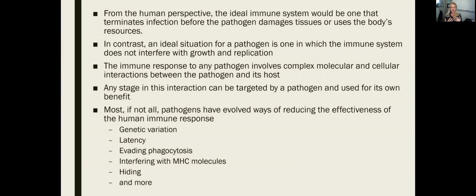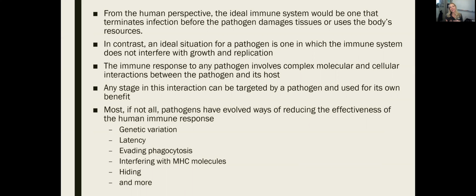And so where we have interaction between the pathogen and the immune system, those can be points that can be targeted by the pathogen to try to interfere and end up surviving the immune response. So pretty much all pathogens in some way, shape, or form have evolved along with hosts, we call this coevolution, to reduce the effectiveness of the human immune response.